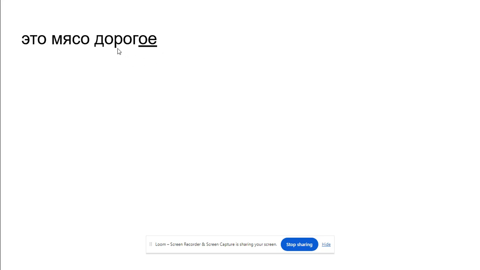And here, дорогое has to agree in gender with the word мясо, which is of middle gender. And also the word это, in this case, is describing the meat and has to also agree to the middle gender of the word мясо.